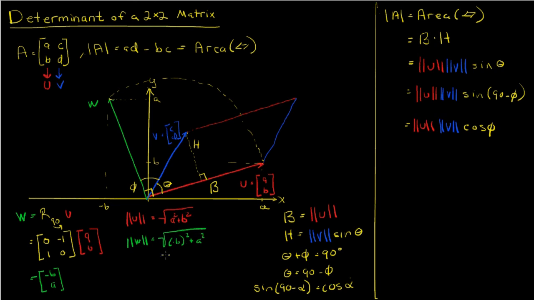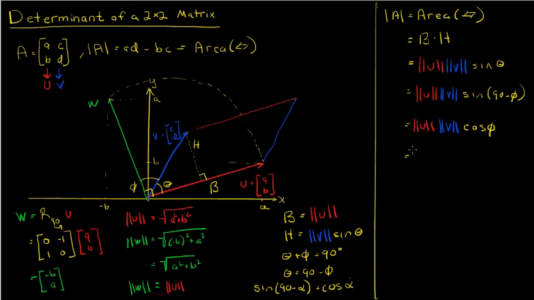The negative sign goes away with the b, we switch the terms around, and we get a squared plus b squared. So the magnitude of w is equal to the magnitude of u.